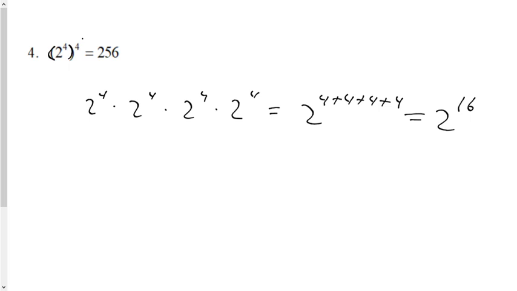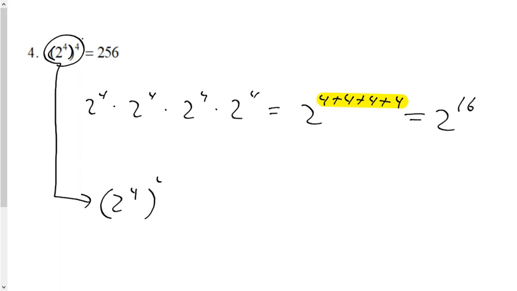However, way back in grade 4, you learned that repeated addition can be expressed as multiplication. So if we apply law 3, a power raised to a power, you can simply keep the base and multiply the exponents because these are the same thing. And you still get the answer 2 to the 16. So either track, you got the same answer. This proof works. This proof is better because it shows that you understand the law that's being applied.